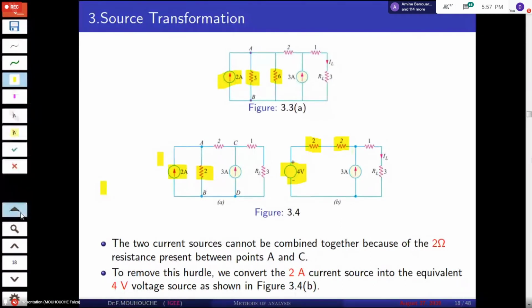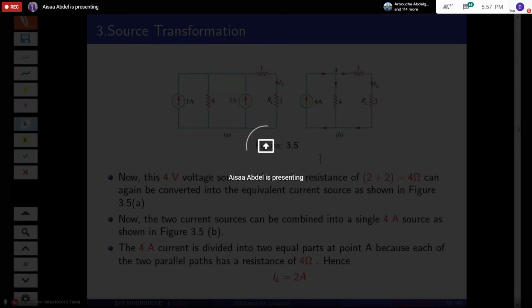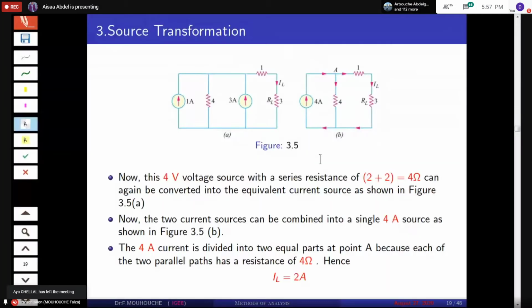So we have 4 ohm resistance in series with a voltage source. We can convert it also, as shown here, into a current source in parallel with resistance.